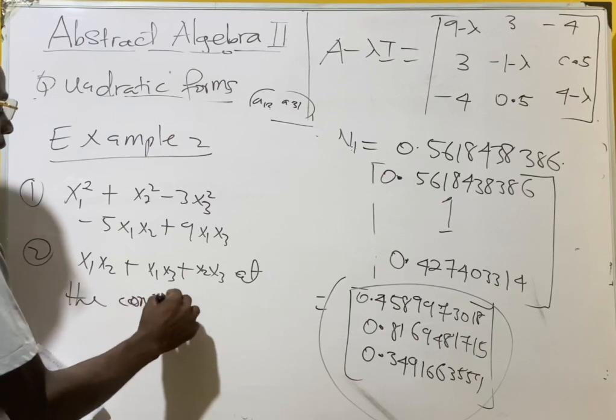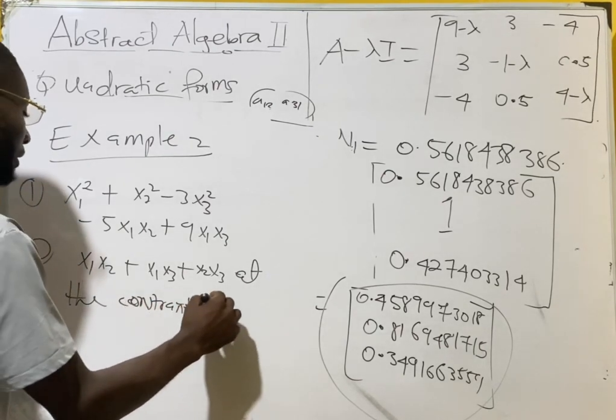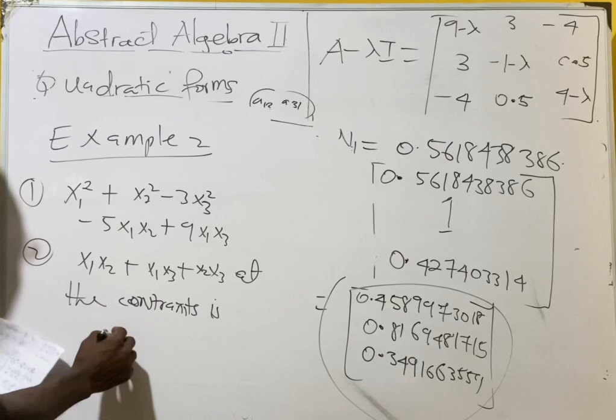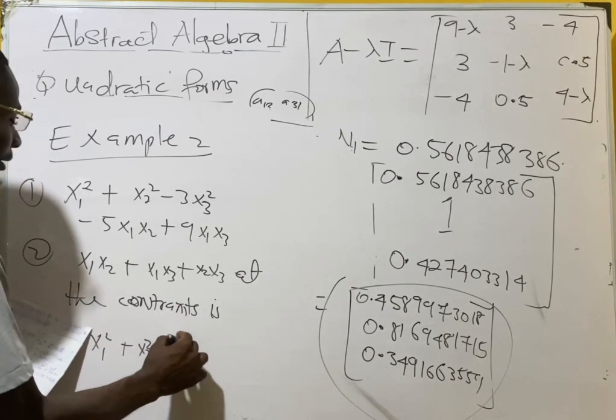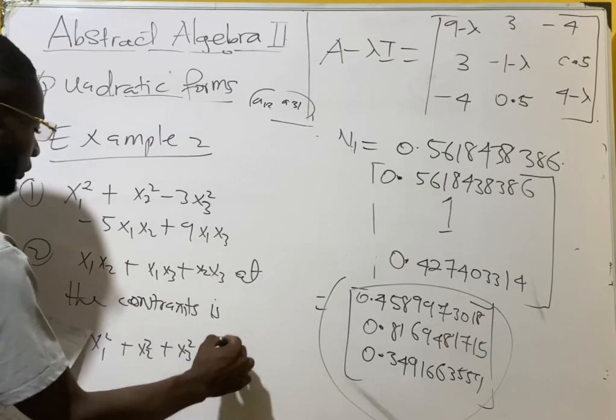The constraint is the same: x1 squared plus x2 squared plus x3 squared equals positive 1.